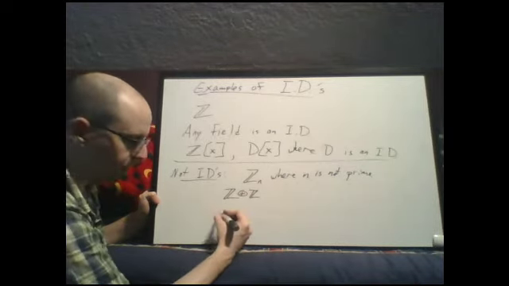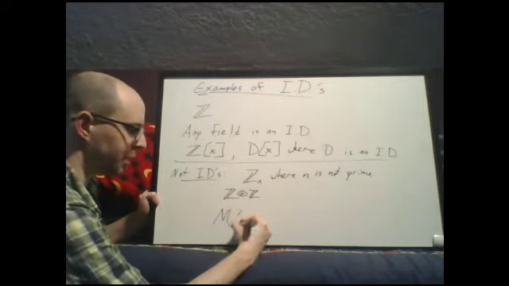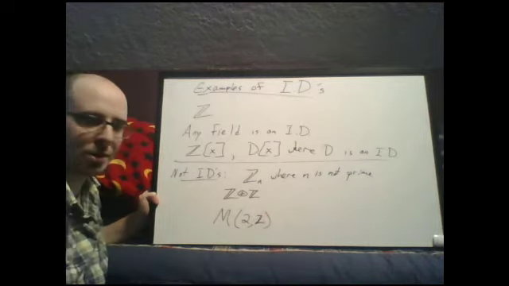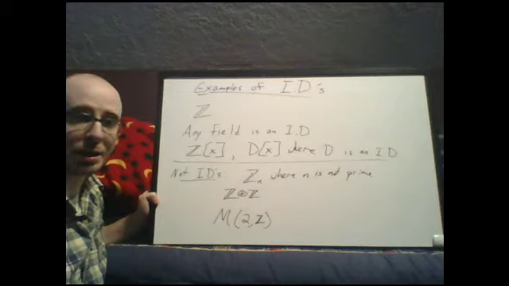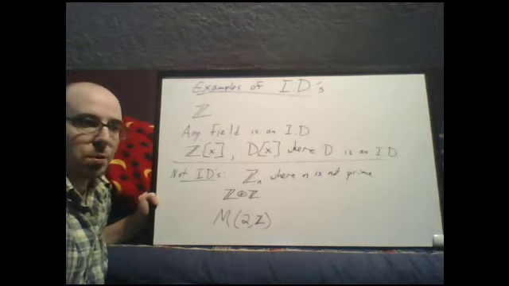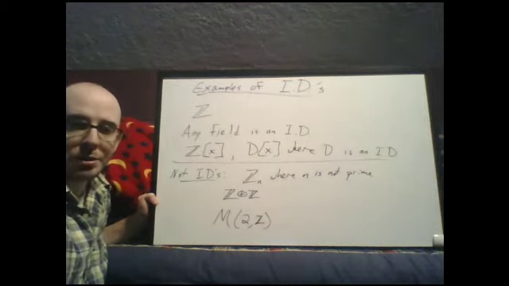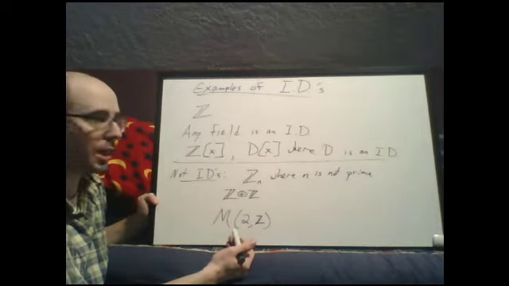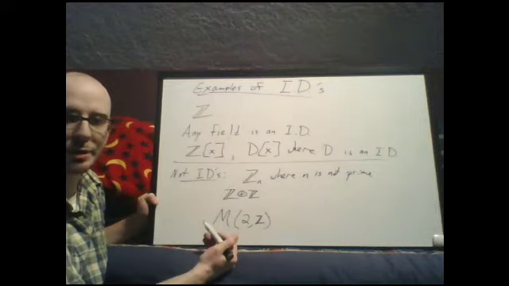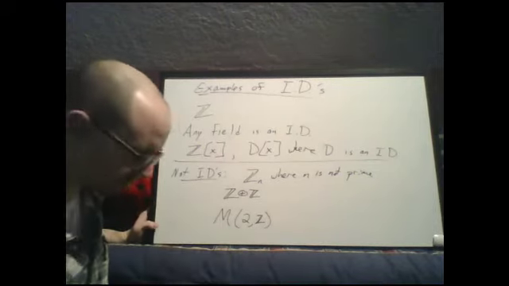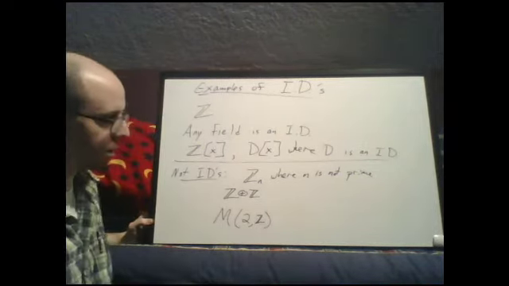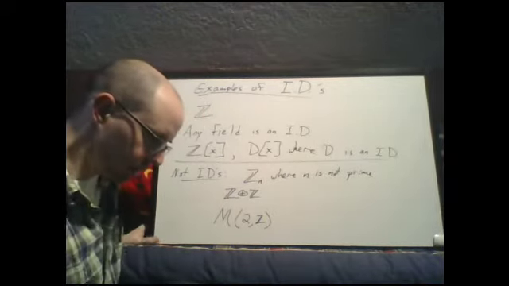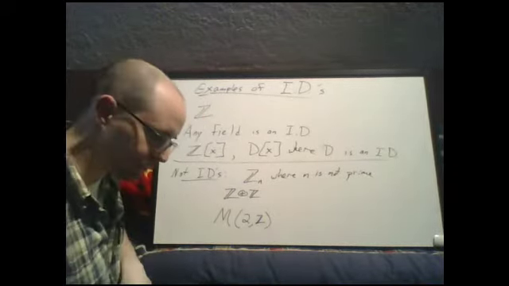I guess I'll include it, but matrix rings are also not integral domains. So matrix rings like this are not integral domains, partially because we can find zero divisors. But even before that, matrix multiplication is not commutative, so it can't be an integral domain for that reason either. So matrix rings are not integral domains.